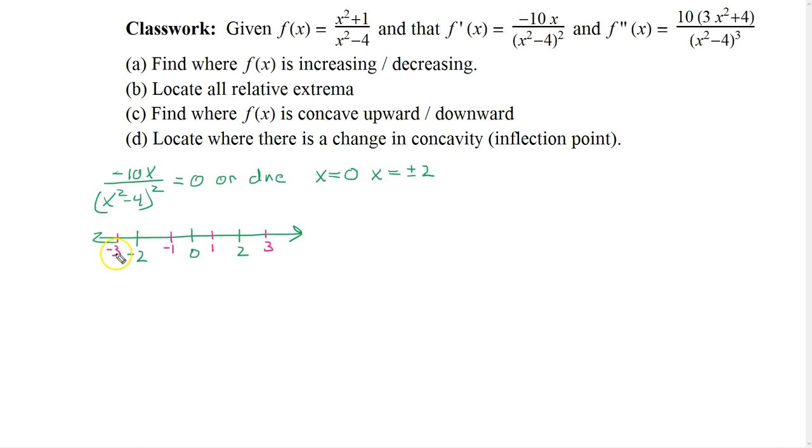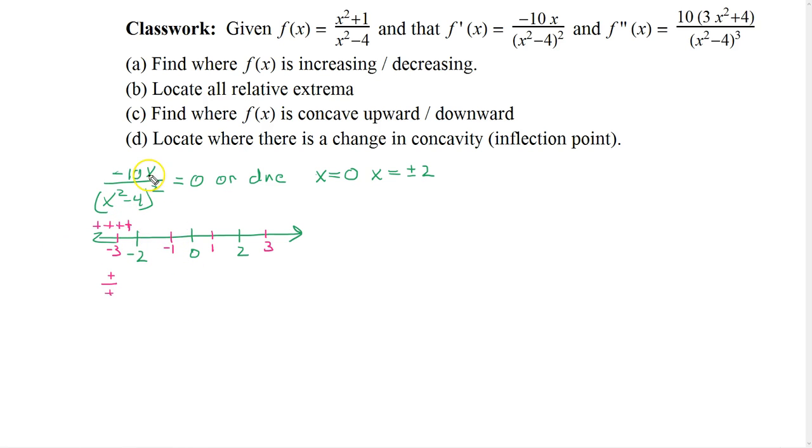So if we put negative 3 in here for x, we will get a positive number in the top, and the bottom is always positive, right? Because of that square right there, our denominator is always positive. So our first derivative is positive from negative infinity to negative 2.